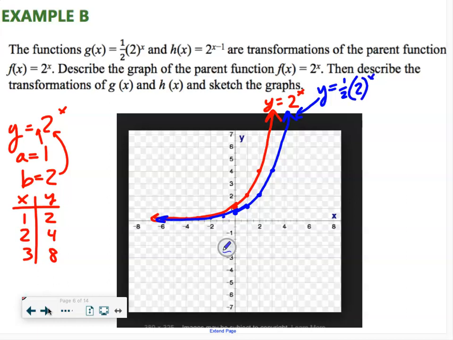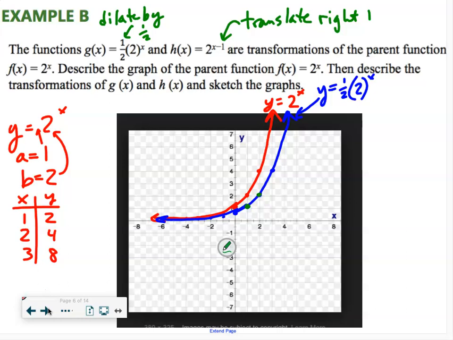All right, if I have y equals 2 to the x minus 1, I'm subtracting 1 from my x, which means I'm going to translate the graph to the right by 1. By the way, I didn't write this here. This is already done. Dilate by a factor of 1/2. All right, so if I take my original parent function, that's the red graph, and I translate to the right 1, whoa, let's see what happens.